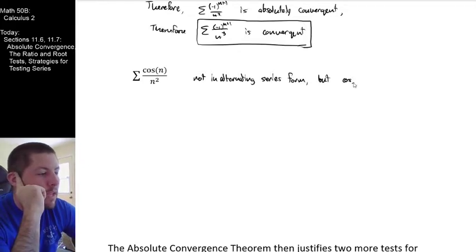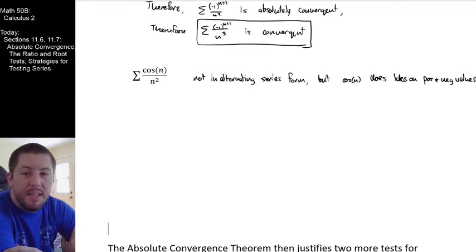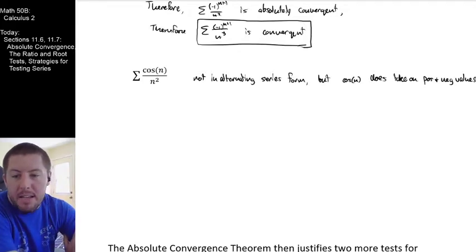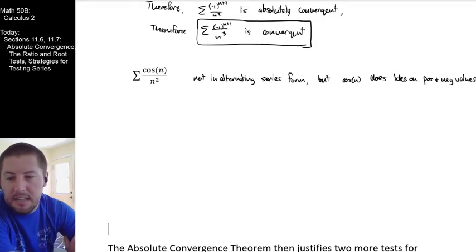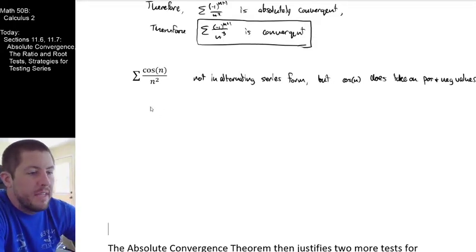But cosine of n does take on positive and negative values. And you should notice that regardless of whether you're interpreting n to be a term in radians or degrees, we are not going to get consistent positive, negative, positive, negative. We're going to get a bunch of positives and then a bunch of negatives and then a bunch of positives and then a bunch of negatives, right? So it's not an alternating series form, but we do take on positive and negative values here.